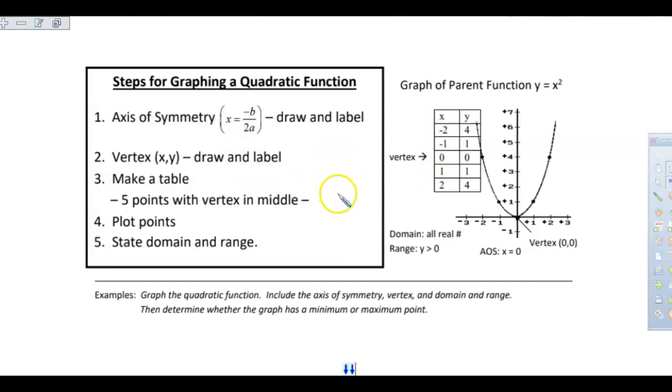So be aware that you may have more than 5 points, and then you want to figure out which one is going to be the vertex, because the one at station 3 should be your vertex. Plot the points and then state the domain and range. Remember, the domain is always going to be all real numbers, or infinite, and the range is going to be where the maximum or minimum is, going in the direction of the opening.